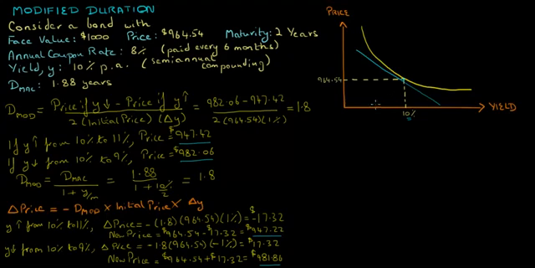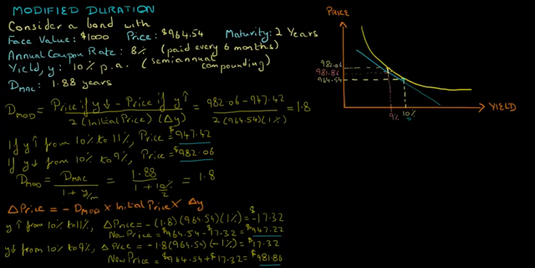So when yield decreased from 10% to 9%, the resulting new price was estimated by the straight tangent line, which gave us the price of $981.86. But that lies below the price yield curve, which at yield of 9% would have given us the price of $982.06.